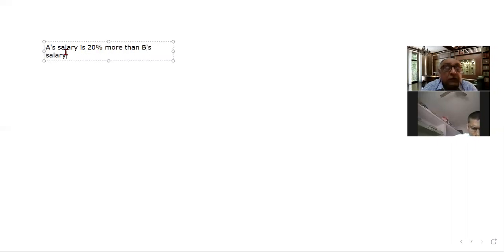That is that A's salary is 20% more than B's salary. Let us suppose the question is that A's salary is 20% more than B's salary. By what percentage is B's salary less than A's salary, right?